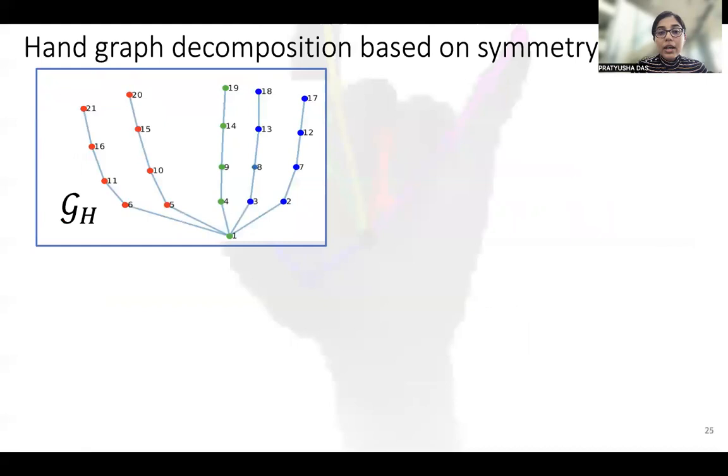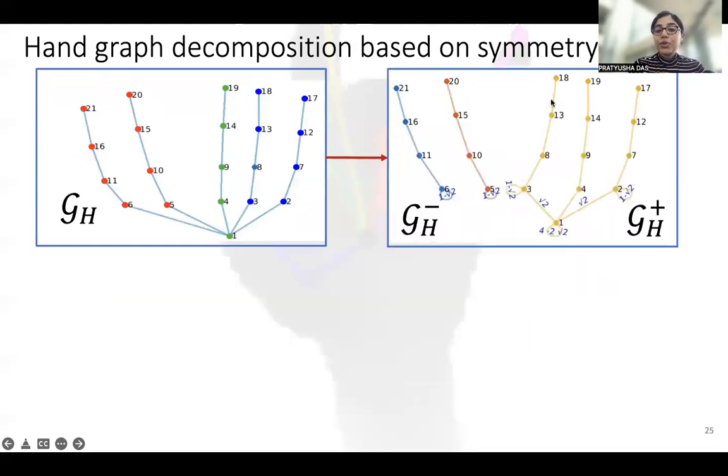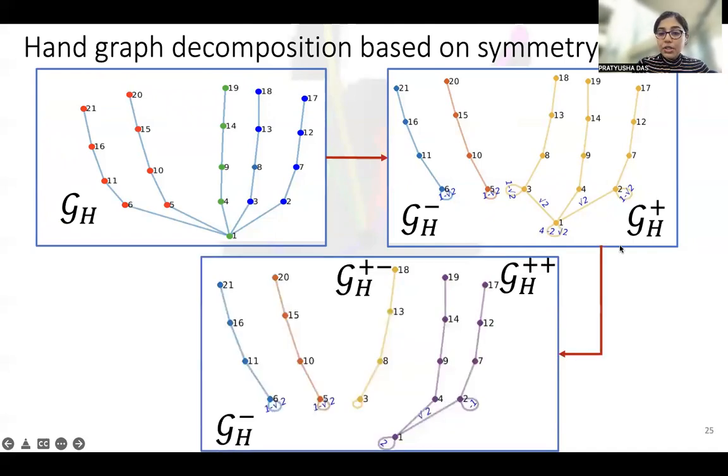Now, given our hand graph, which is symmetric around this green finger, we can decompose it into smaller subgraphs. Here, the yellow one is the symmetric part of the data, and this is the anti-symmetric part of the data. And again, this GH plus, you can see, is again symmetric around this middle finger, and further decomposition is possible.